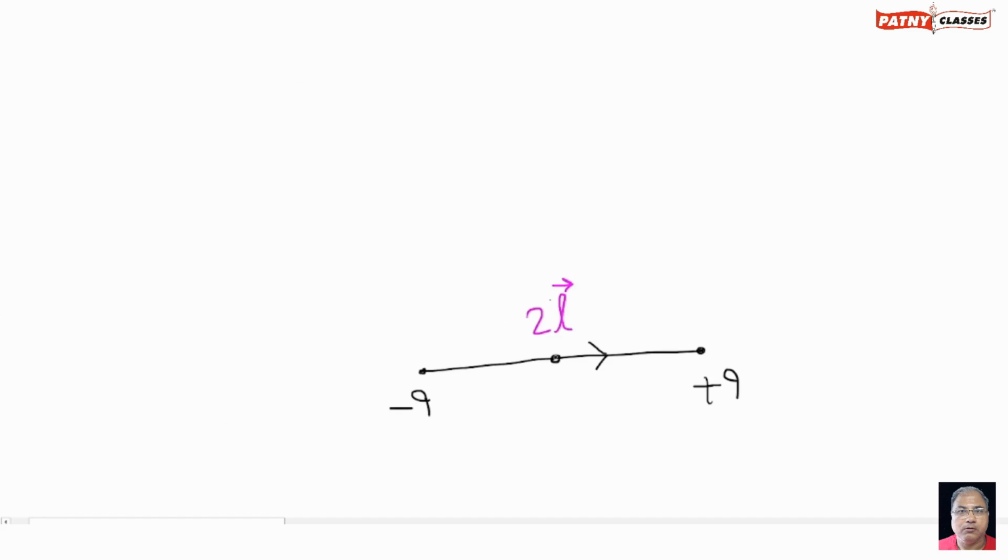Let O be the center of the dipole, and consider a point P. Here we have to find the electric field intensity at the point P. And this is a short electric dipole.